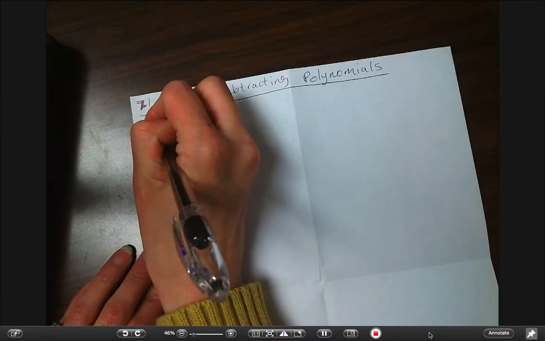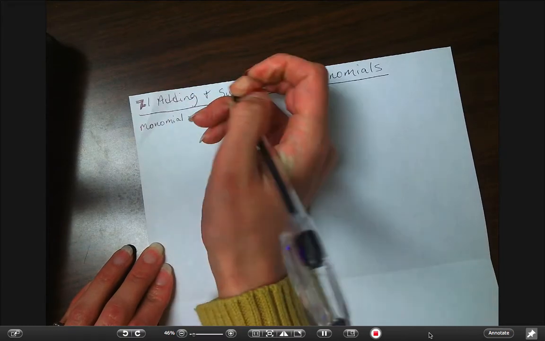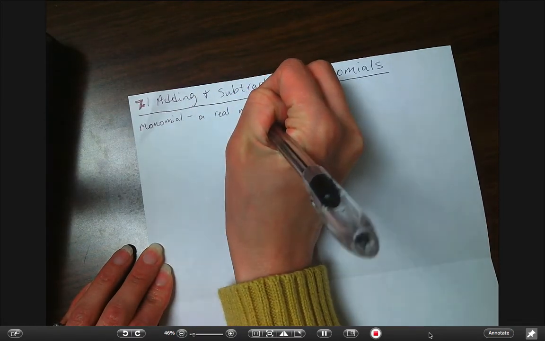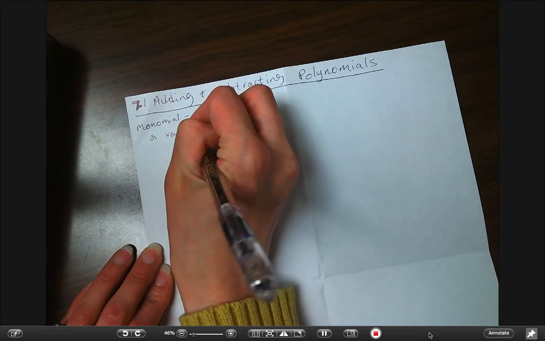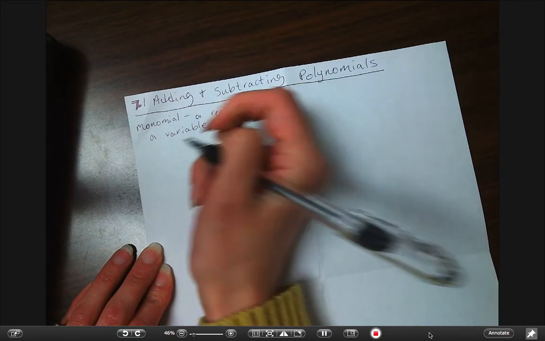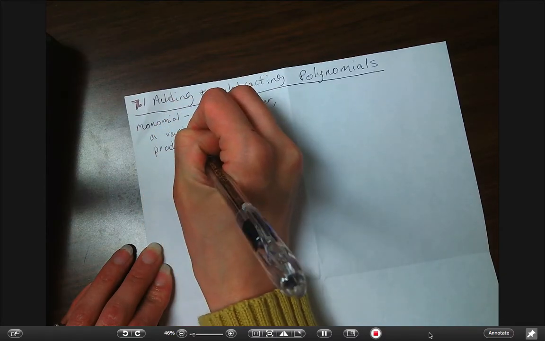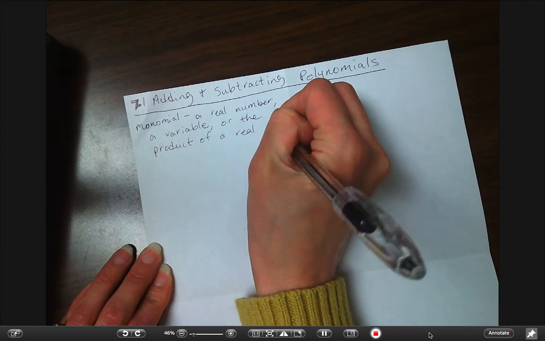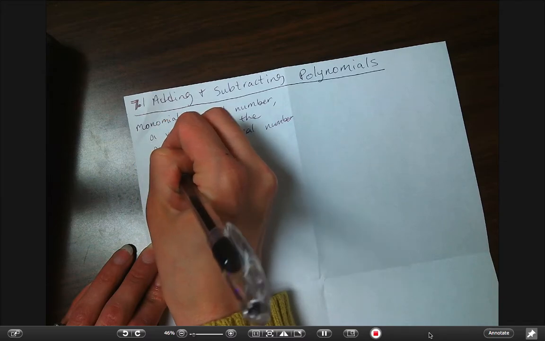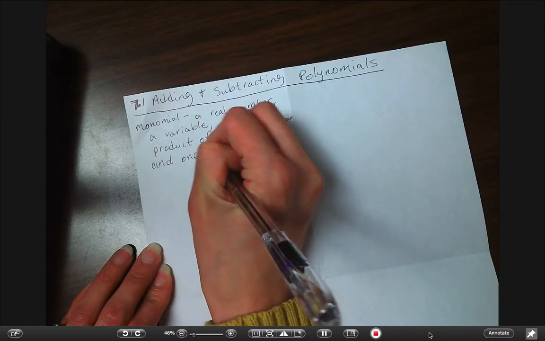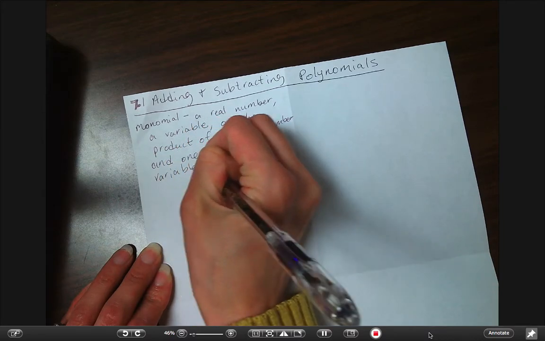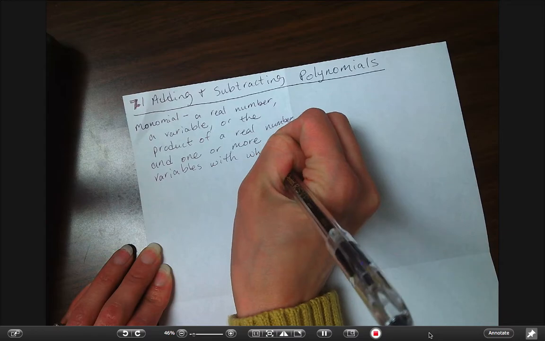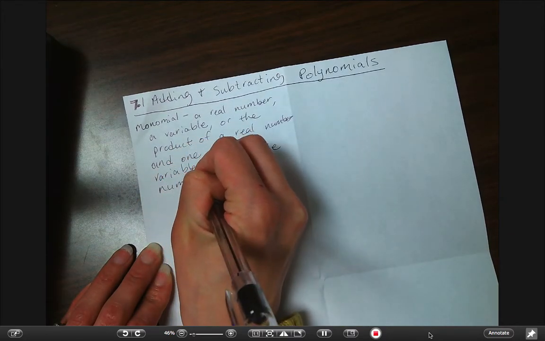Okay, so some vocabulary in this first box. A monomial is a real number, a variable, or the product of a real number and one or more variables with whole number exponents.